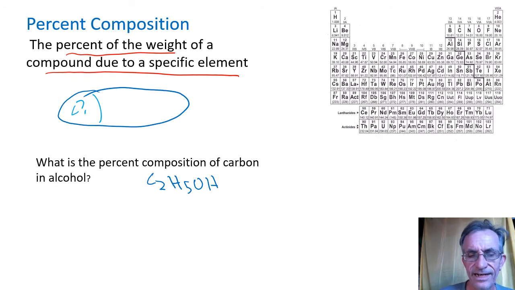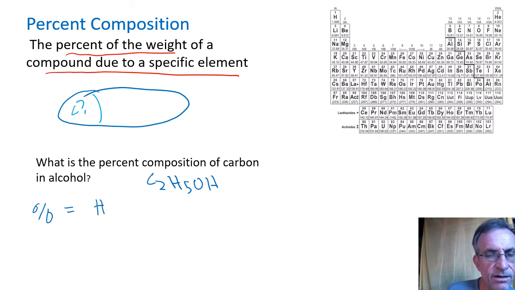To find the percent of an element, we have to figure out the weight of all the carbon atoms. The way we do that is it's the number of atoms that you have.